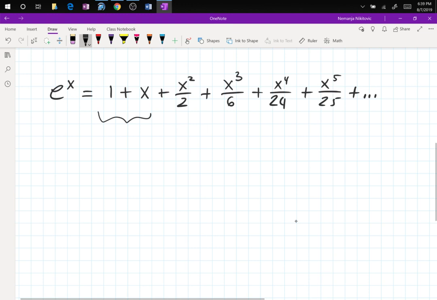The more terms I put, the more the new line is going to bend and match the red line. And it's going to follow it. So here is the next one. I'm going to take what I had before, and I'm going to add plus x cubed divided by 6.